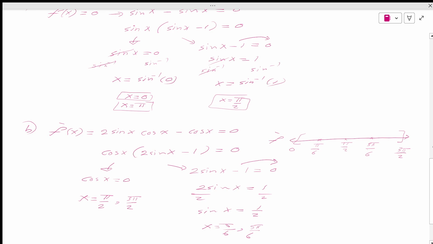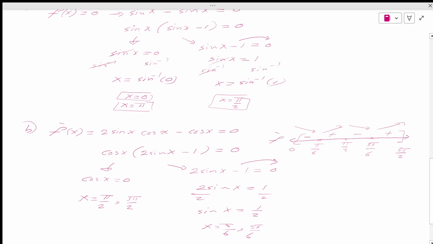So if you substitute a value between 0 and pi over 6, this is going to be negative. Another value between pi over 6 and pi over 2, like 45 degrees, which is pi over 4. Plug in pi over 4 here, it will be positive. Choose a value between pi over 2 and 5 pi over 6, it will be negative. And lastly, choose a value here and check the sign of f prime, it will be positive. So negative means decreasing, positive means increasing, decreasing, increasing.